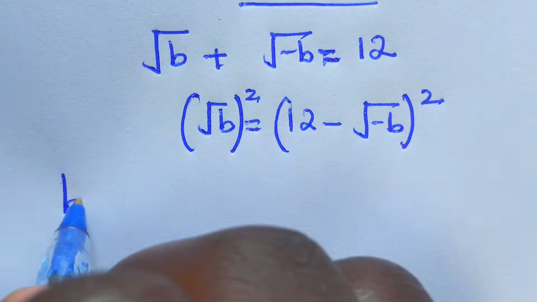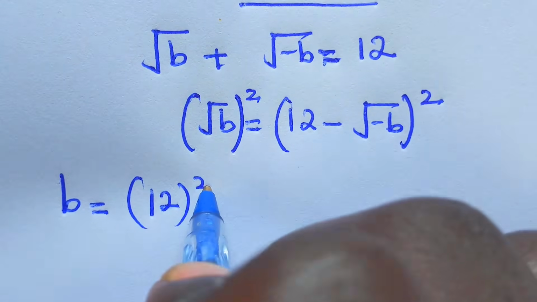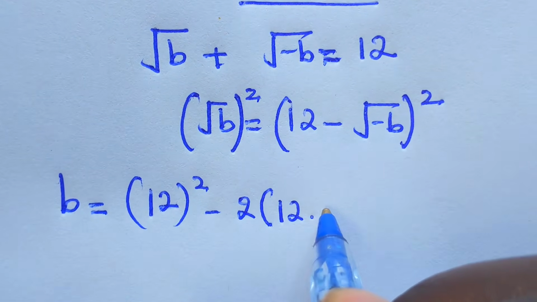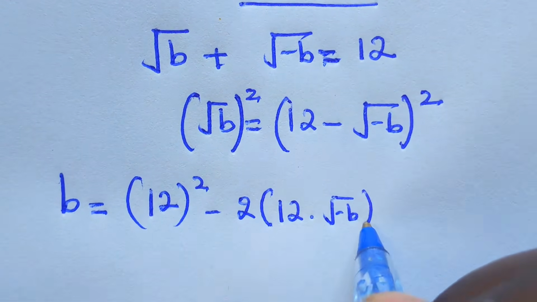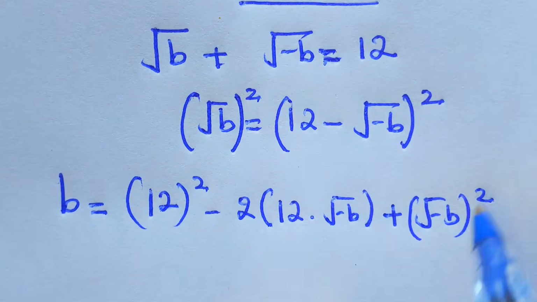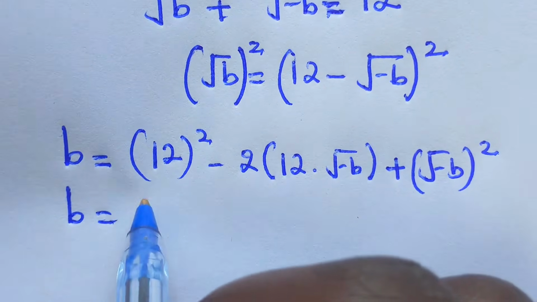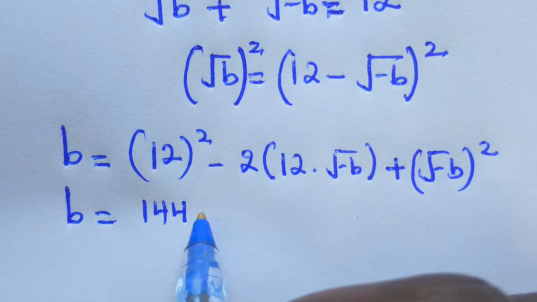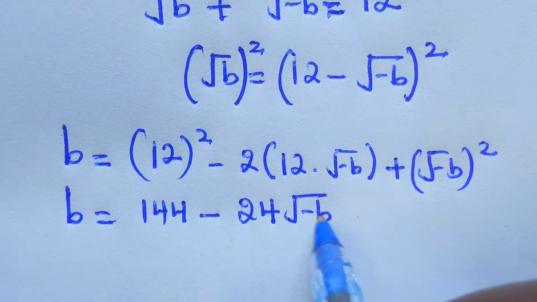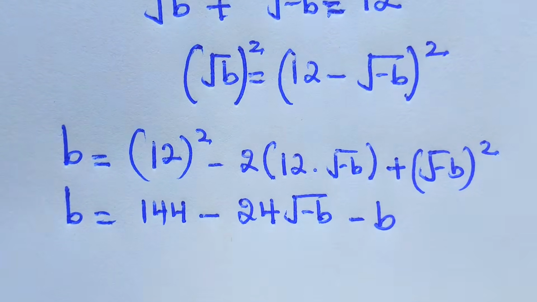Here we have b equals 12 squared, then minus 2 times 12 times square root of negative b, then plus square root of negative b squared. So b equals 144 minus 24 square root of negative b, and then negative b again.